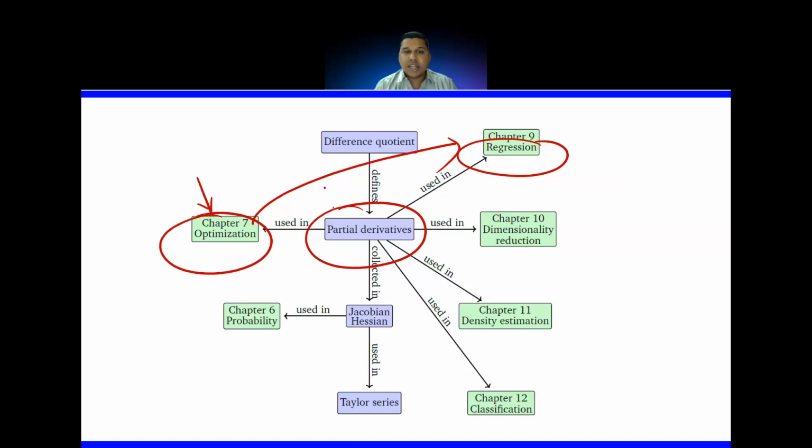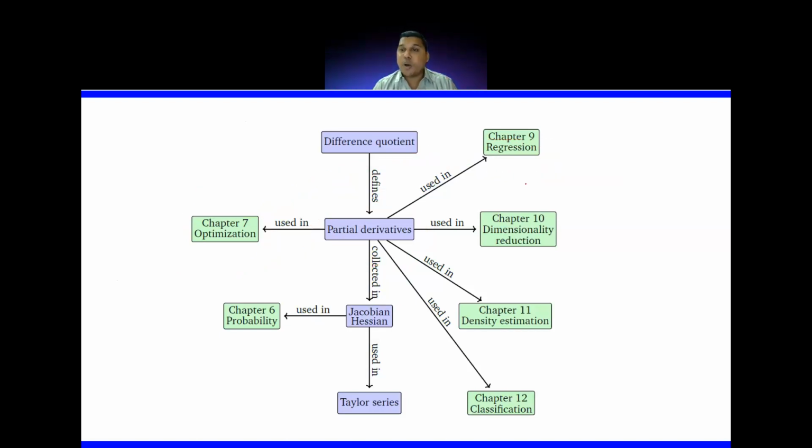There we'll be using this partial derivative concept. We will find the derivatives of the function. In regression, you are trying to form an equation like this. We will try to optimize this. So we will see how we can use the concept of partial derivatives in optimizing the regression equations. Okay.